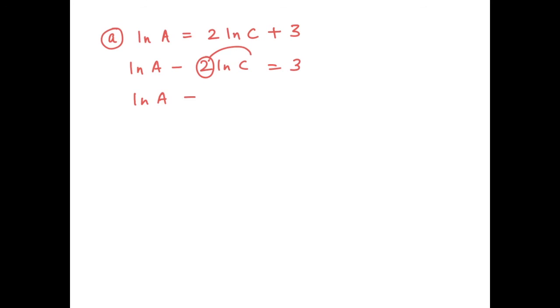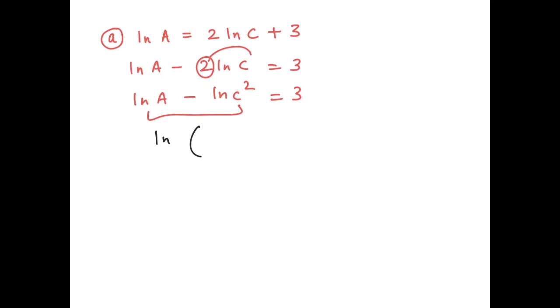If the question is given, write the following equations without log. If it's given ln A equals 2 ln C plus 3. First of all, try to bring all ln on one side and numbers on the other side. So it will be ln A minus 2 ln C equals 3. Now let's apply ln rules. Let's bring this 2 as a power of C. So it will be ln A minus ln C square equals 3. Now let's club them in one ln.